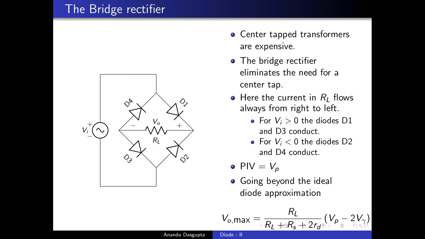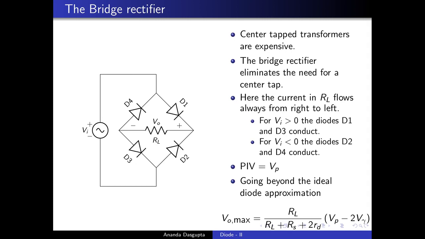Half wave shows a lot of ripple. That's reduced for full wave rectification, but still not reduced enough. After all, your rectifier circuit is supposed to replace a battery, and a battery should give you a flat voltage with time, not a voltage which goes up and down with time. So can we get closer to this ideal situation? That is the question that we are going to address next.